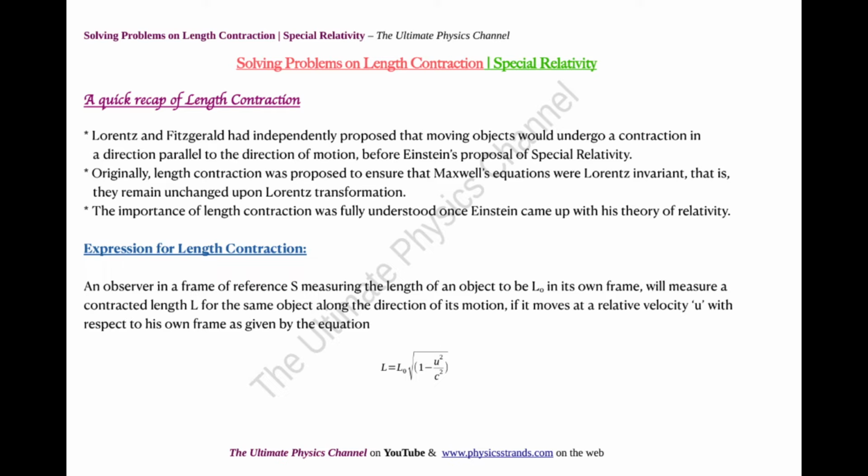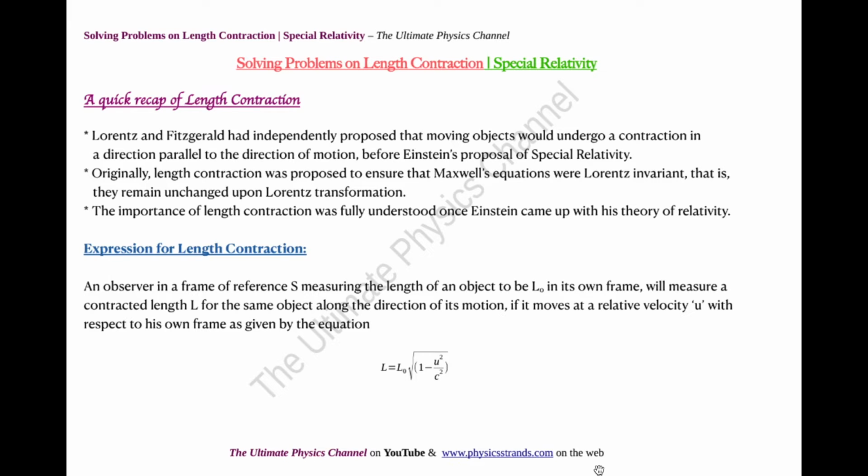Here u is the relative velocity between the object that is observed and the observer who is in another frame of reference. c is the speed of light. L naught is the original length of the object as measured by an observer who is at rest with respect to the object, whereas L is the length measured by him when there is relative motion between the two.